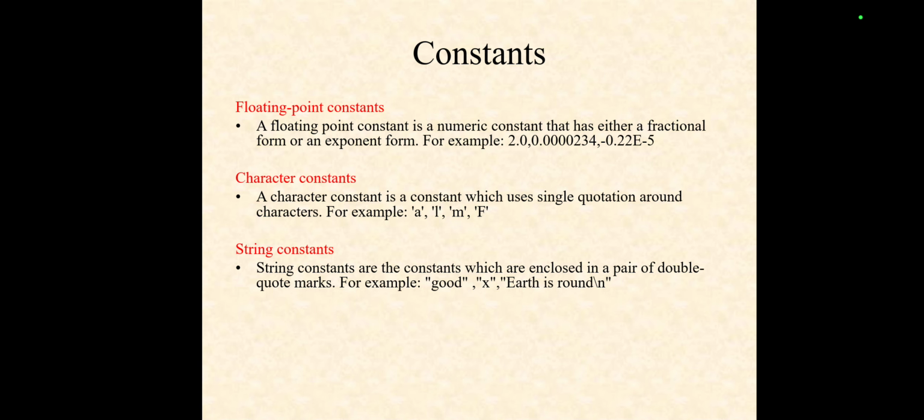Another constant is the string constant. String constants are enclosed in a pair of double quote marks. For example, within double quote marks we have mentioned here Good, X, Earth is round, backslash and double quotes complete. In this way string constants are used in a C program.